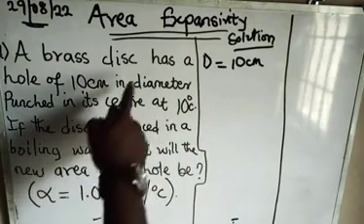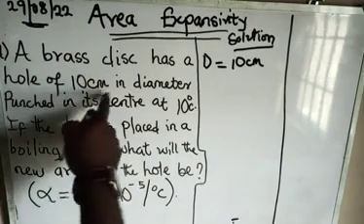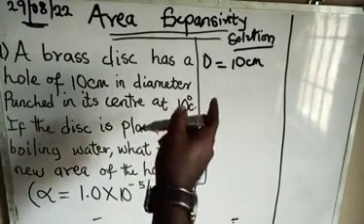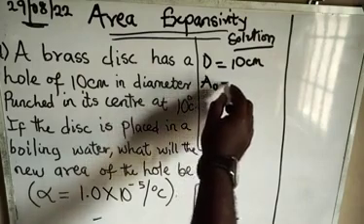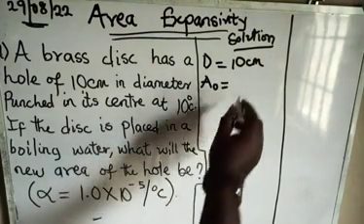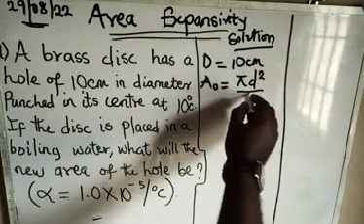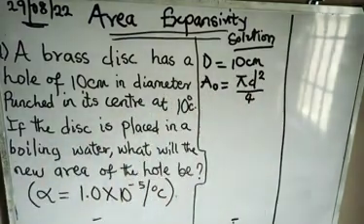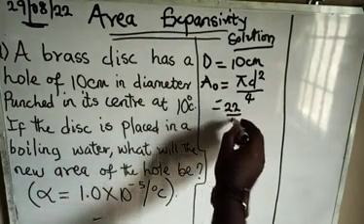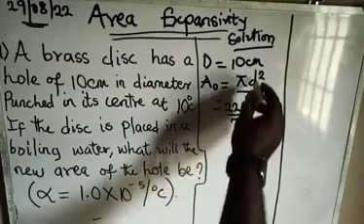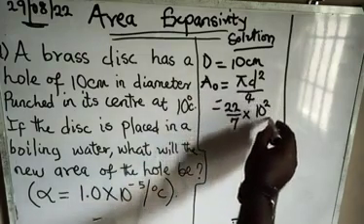Okay. Now this is a circular disc. A brass disc has a hole of 10 cm in diameter. So we know that this is a circular disc, and the original area of the circular disc is what? Pi d square over 4. That's from the area of a circle. And that will give us what? 22 over 7 times d square over 4, which is 10 square all over 4.